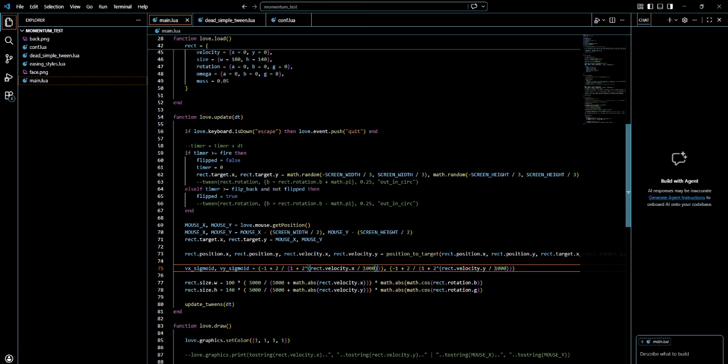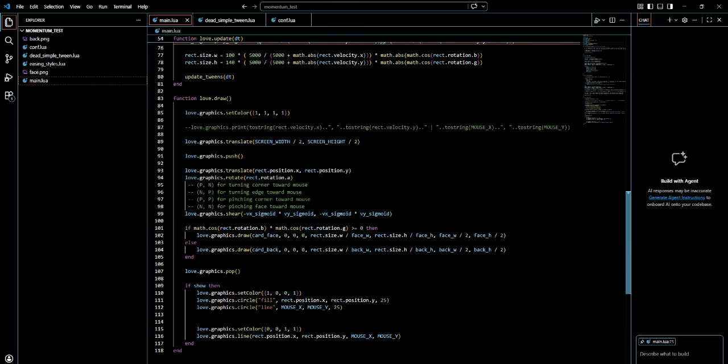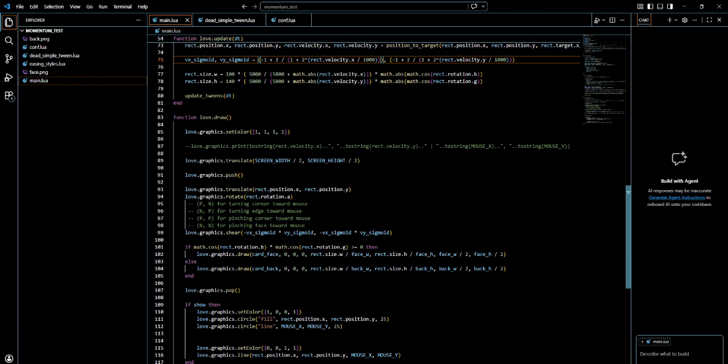It would rapidly approach it. And so you can see this is just the sigmoid function here. And then down here, for the skew, or for the shear really, it's negative Vx sigmoid times Vy sigmoid, and negative Vx sigmoid times Y sigmoid.